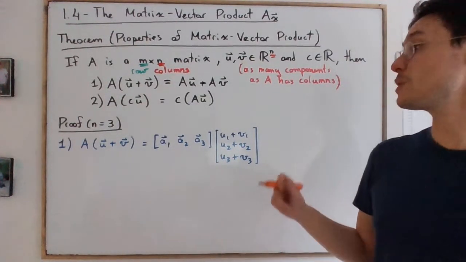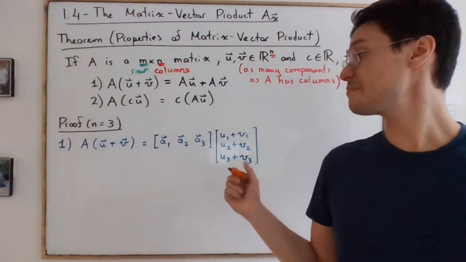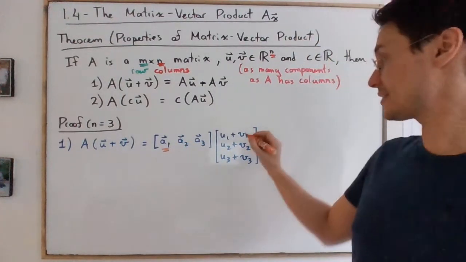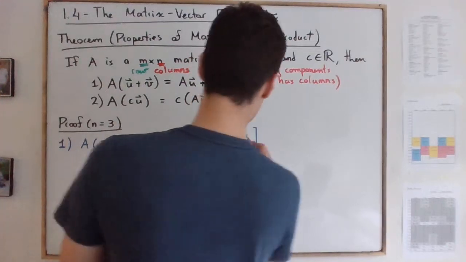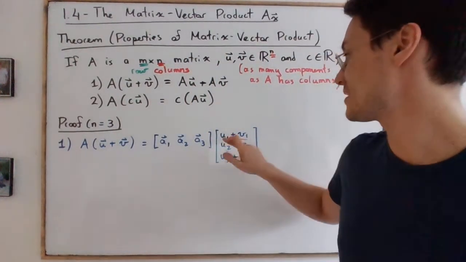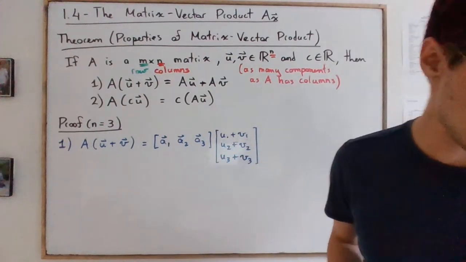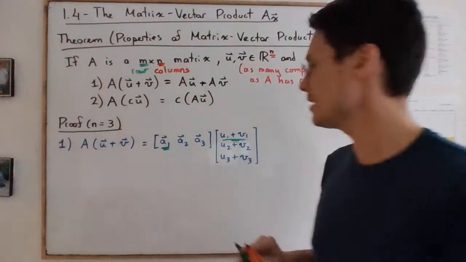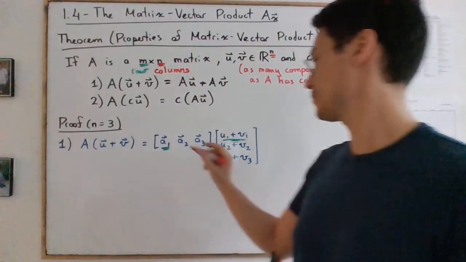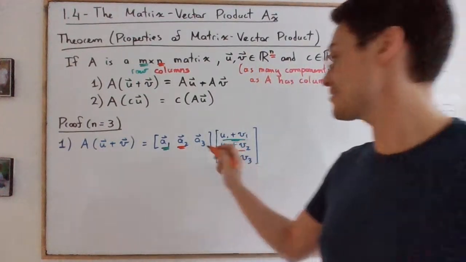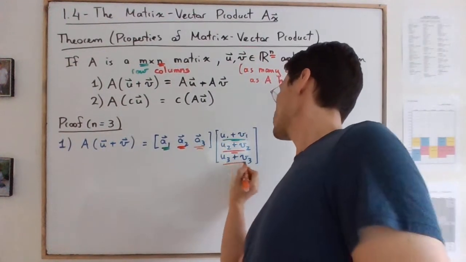Now, remember, we will use here the definition of the matrix vector product. I prefer using the usual color code, so in this case, green. So a1 goes with u1 plus v1, then a2 goes with u2 plus v2, and finally a3 with u3 plus v3.